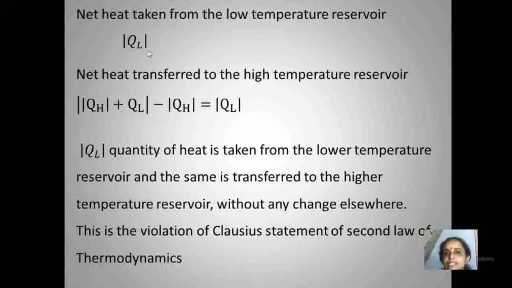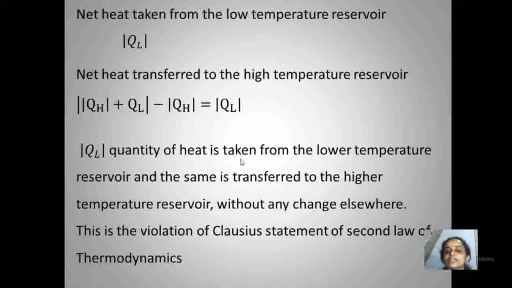Then the higher temperature reservoir should get more energy than the heat extracted from the lower temperature reservoir. That means the higher temperature reservoir will get QL plus this W amount of energy. Here nothing like that is happening. So that is the violation of the Clausius statement of the second law of thermodynamics.